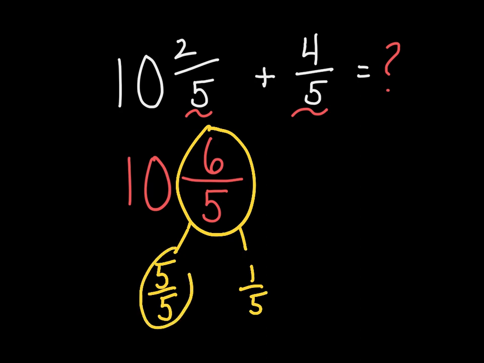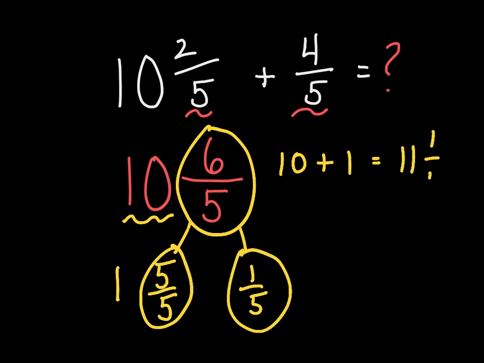So now we have to take that whole of 10 plus the fraction that we pulled out, which is a whole. So now we have 10 plus that 1, because 5/5 is 1, and that gives us an 11. But don't forget to add on your extra fraction left over when we pulled out the whole. So it's 11 and 1/5.